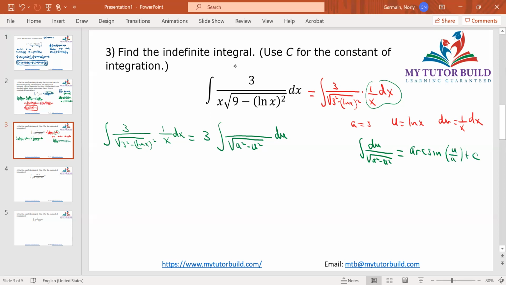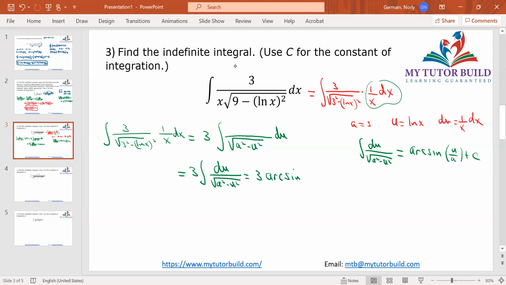Now we can substitute 3, okay, du over square root of a squared minus u squared. That would give us 3 arcsin, because the 3 is already there. It's not included in the formula.